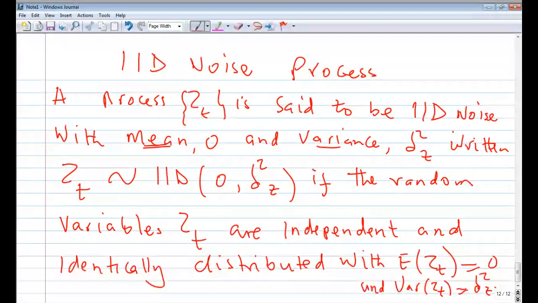The process zt is said to be IID noise with mean 0 and variance sigma squared z, written as zt is IID open bracket 0, sigma squared z, if the random variables zt are independent and identically distributed with mean 0 and variance sigma squared z.